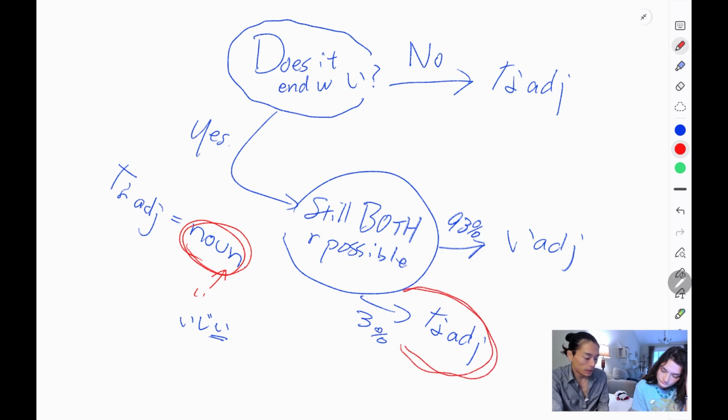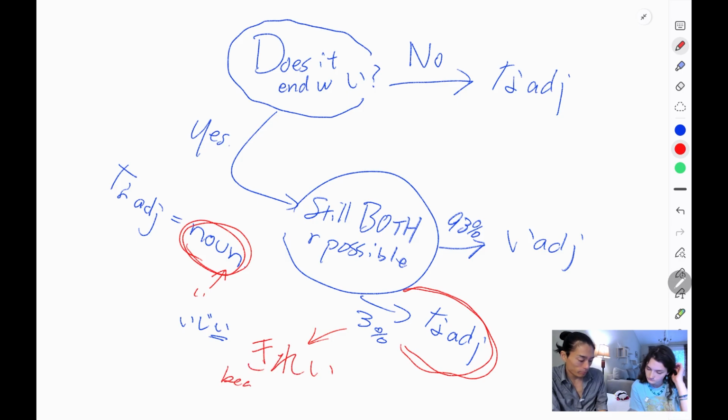For example, do you know the word kirei? Kirei means beautiful. And this one is na-adjective. It happens to end with e. Right? So these kinds of exceptions, how do you know?